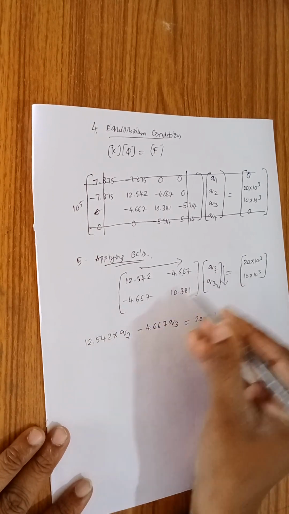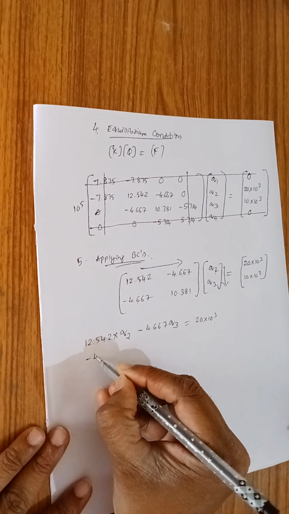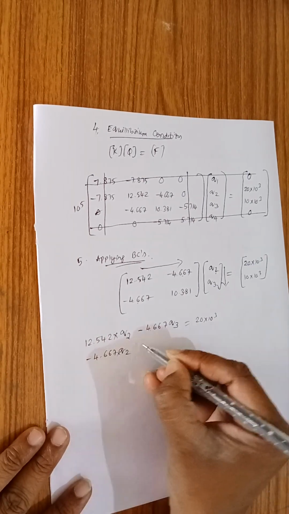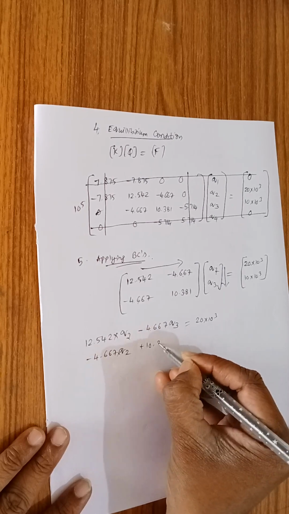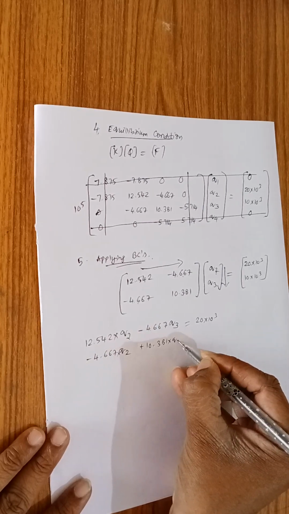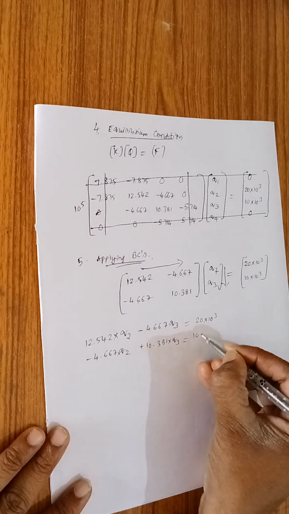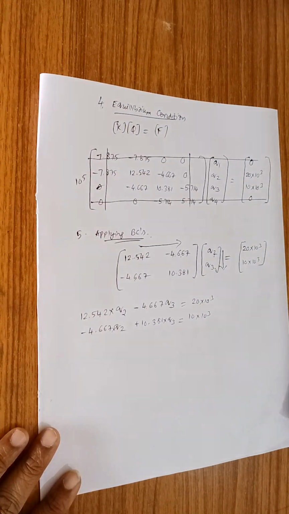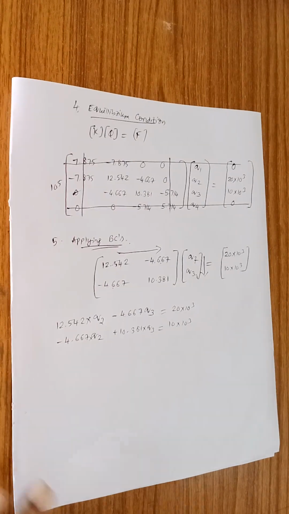And the second row: minus 4.667 into Q2 plus 10.381 into Q3, which is equal to 10 into 10 to the power of 3. I have told you the order of the matrices clearly in the last video; you can check it out. As I said in the previous problem, you have to solve both of these equations, and you will get the solution using the calculator.